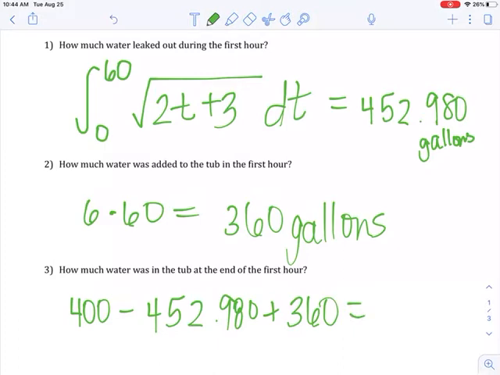We're losing 452.98 gallons, but we added 360. So we have a total of 307.02.